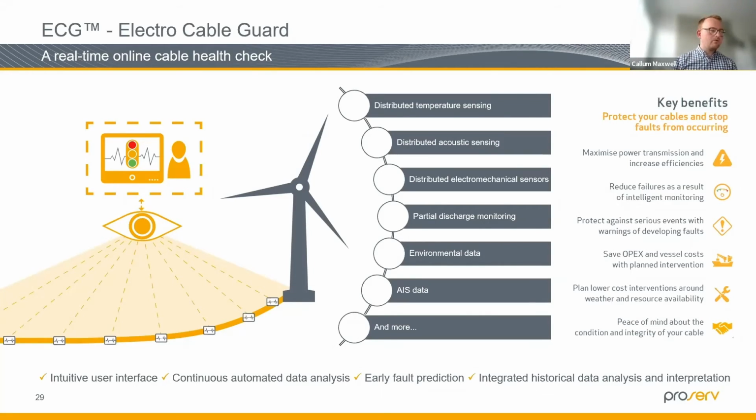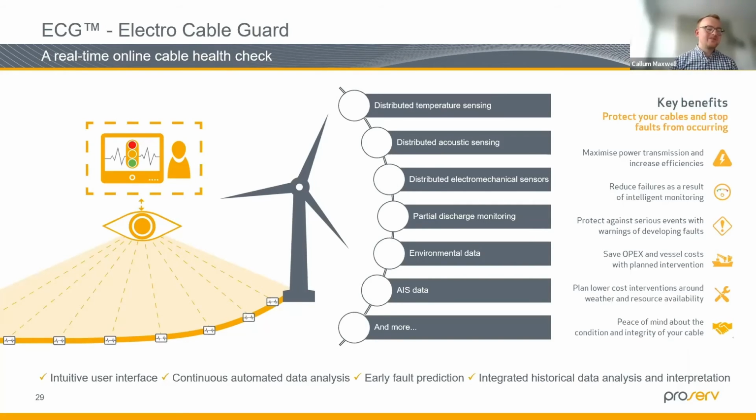Also, what we can deliver with ECG is if we identify a fault, then we're able to provide you operational insights on how to utilise that asset and essentially plan the best time from the most cost efficient and resource efficient perspective for you to intervene, and if a repair is required, that you can dive in and do it at a time that essentially suits you best, rather than at the moment, which is a bit more reactive.